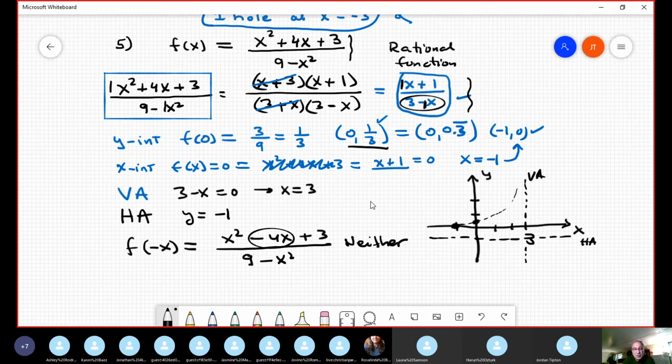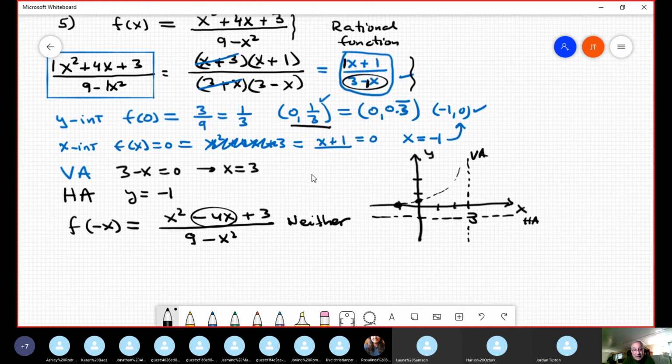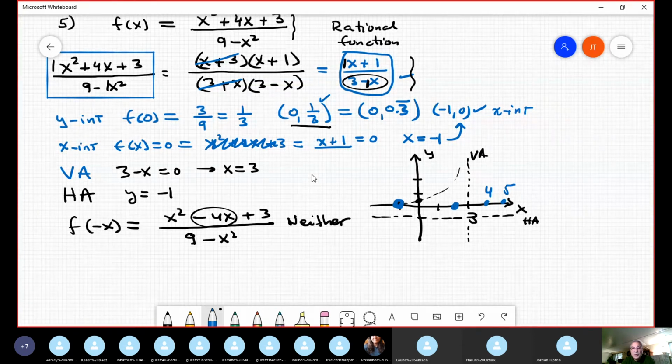And the additional point. Let me try to understand where our additional point is located. We have one point here, the x-intercept. We have one vertical asymptote. To be fantastic, can you evaluate at 4 or 5 or 6? So you pick one value in this interval. Would be fantastic also if you evaluate at 2 or at 1.